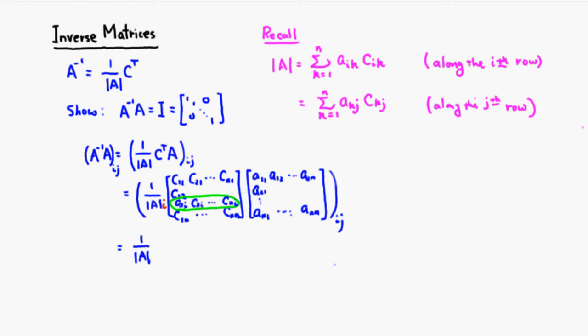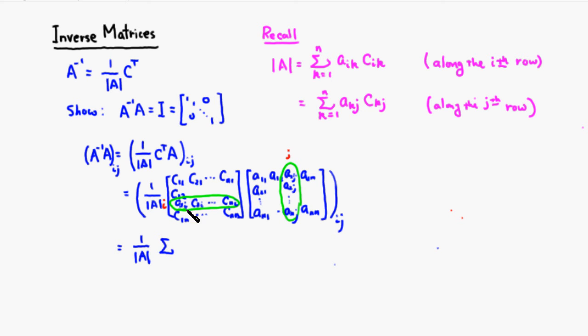And the jth column would be these, which is going to look like A1j, A2j, and so on, ANj. If you multiply them together, you're going to end up getting this summation.